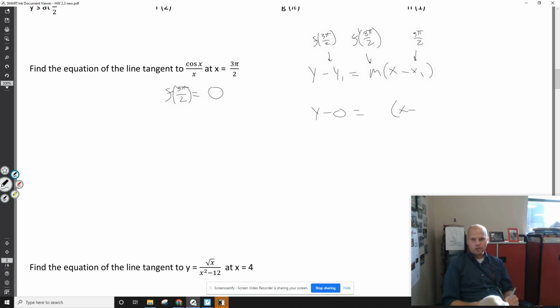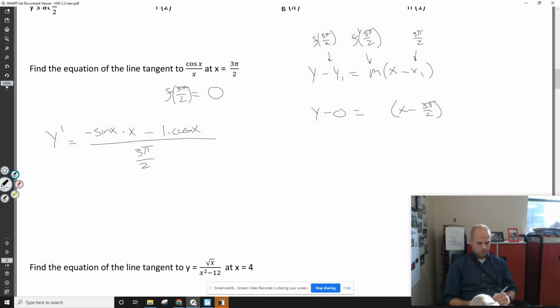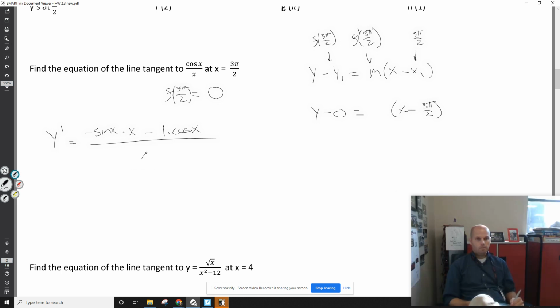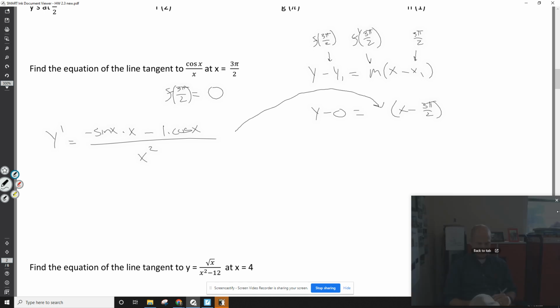I need to find the slope. How do you find the slope without a calculator? You find the tangent slope generator. Use the quotient rule. Working ahead a little bit. Guys, this is a tangent slope generator. I always see students make this mistake where they plug that in there.